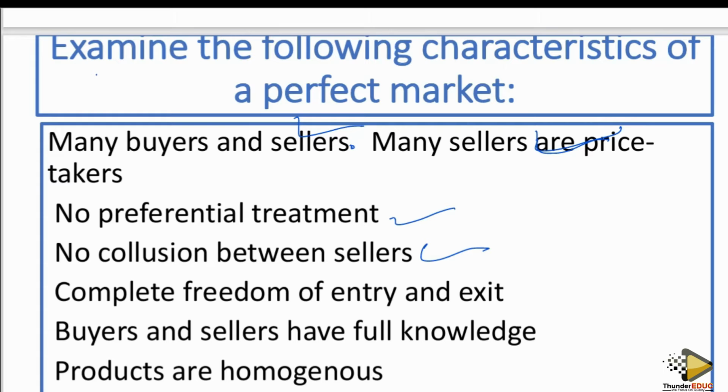You still remember we have a body on the ground that makes sure that businesses don't collide, and that body we call the Competition Commission. We refer to that body as the one that goes on the ground to make sure that businesses don't form collusion. Forming collusion in the perfect market is like an insult to the Competition Act.